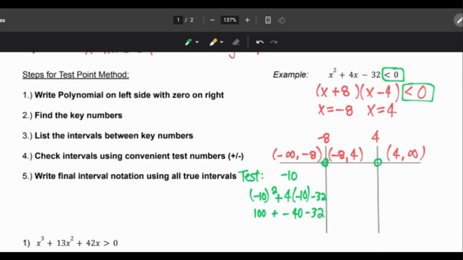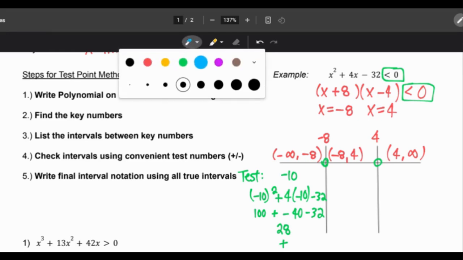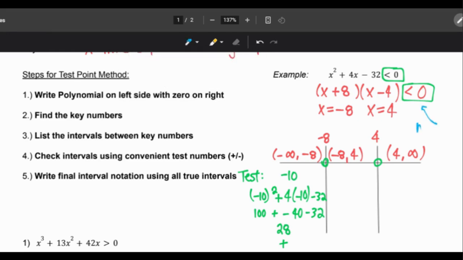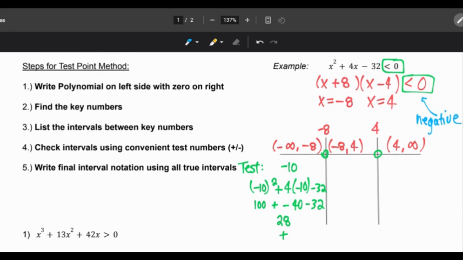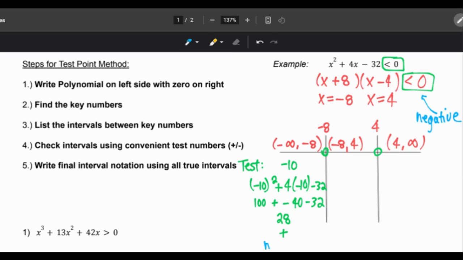That's going to give me 28. But I don't even really need to know if this number is actually 28. I just need to know, is the number greater than 0 or less than 0? And that number is positive, right? So our goal is to look for numbers that are negative. So this section here, the negative infinity to negative 8, will not be part of our solution set.